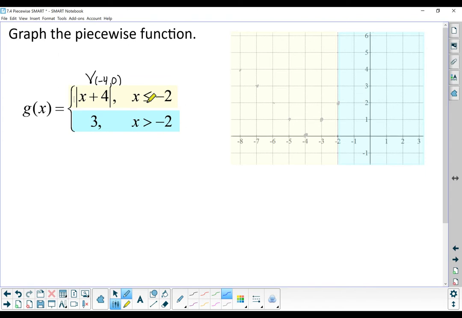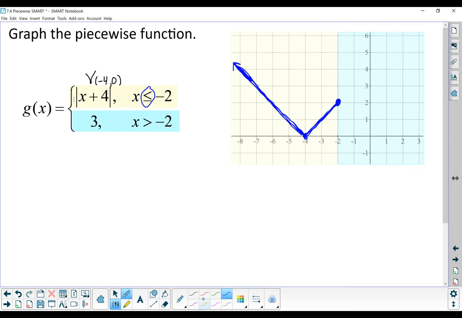On the boundary, we have our inclusion happening. So right here, and then I'll just sketch in that V shape. Okay, so that's our first piece of the graph.